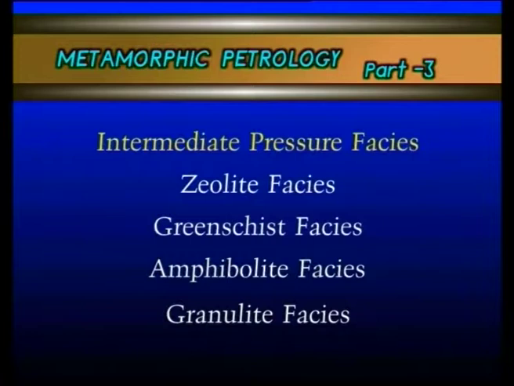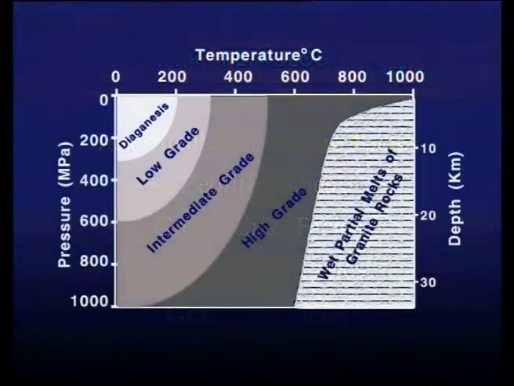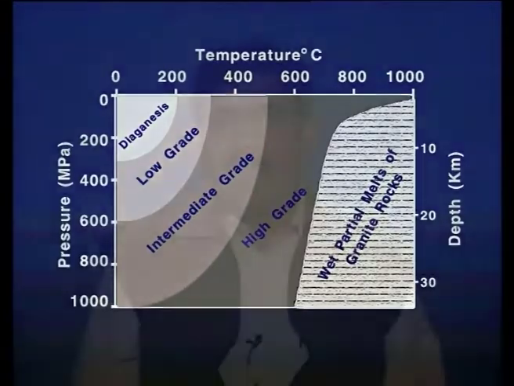In the case of intermediate pressure, we can observe four important facies, and these are normally known as intermediate pressure temperature facies, and they are zeolite facies, greenschist facies, amphibolite facies, and granulite facies. If you move from zeolite towards granulite, the pressure and temperature normally increase, and the rock is normally dry.